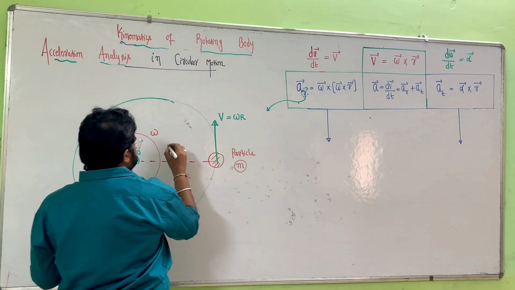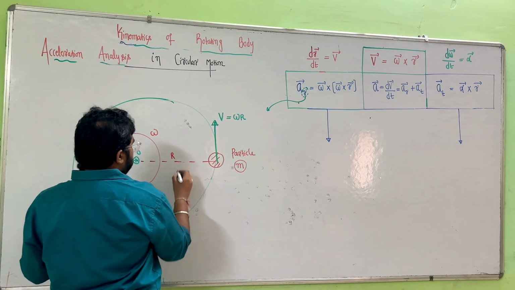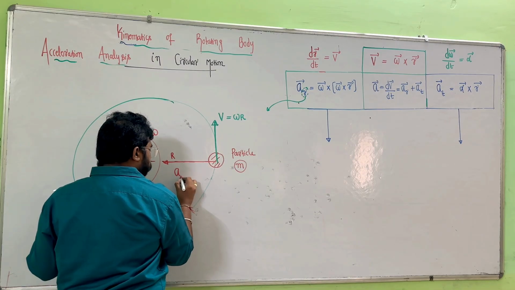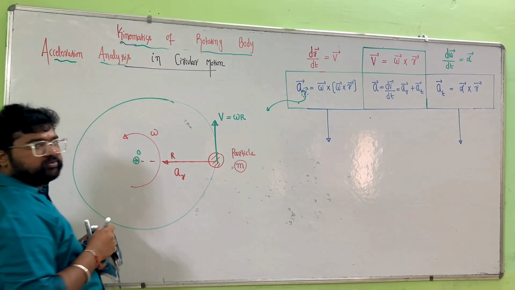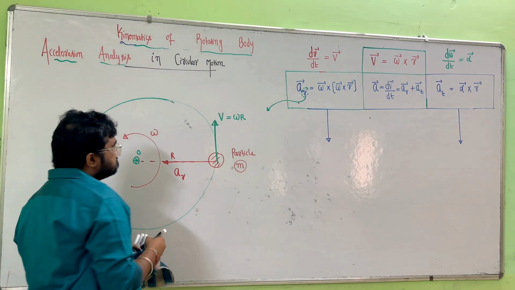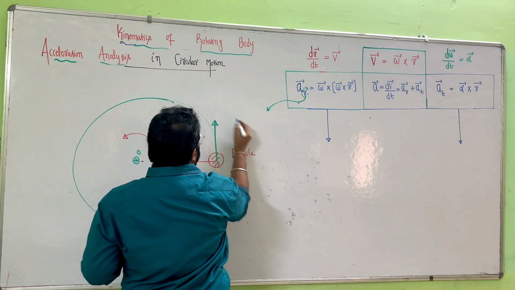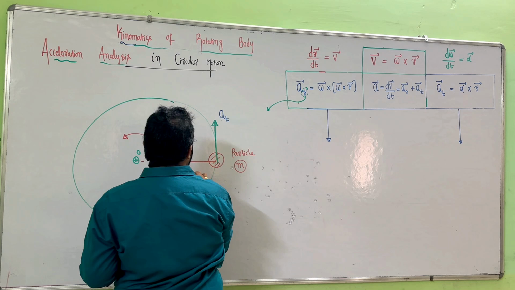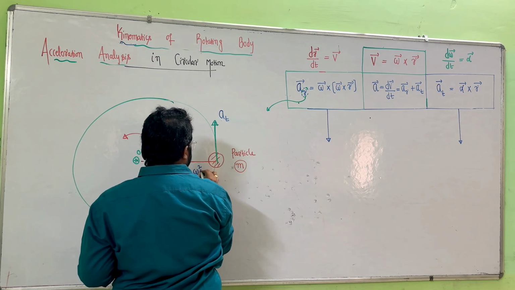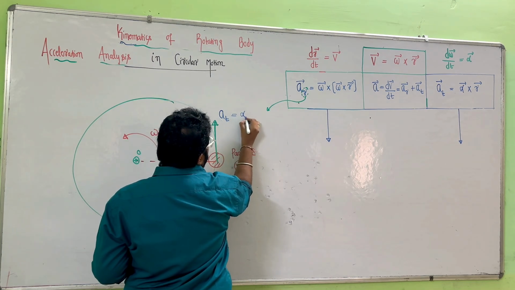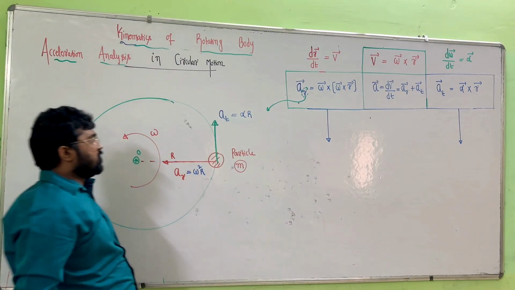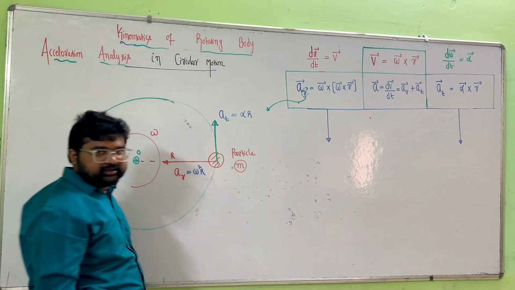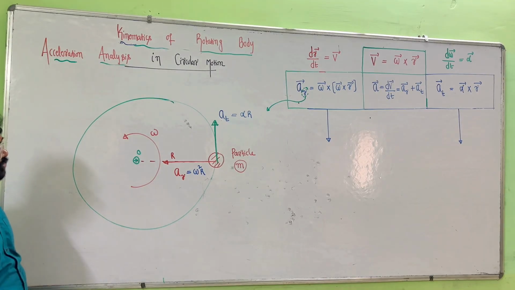Radial acceleration always acts towards the center of circular motion. Tangential acceleration always acts tangentially. This is omega square r. This is equal to alpha r. Understood? It also acts in the same direction, tangentially, in the sense of omega.